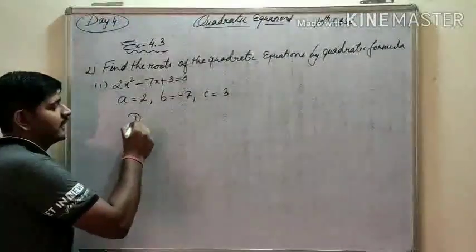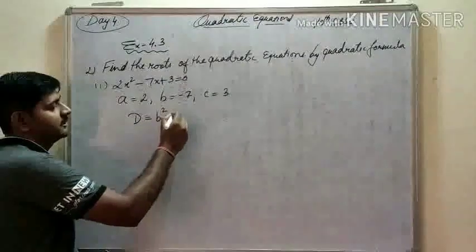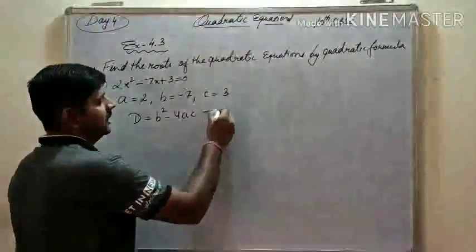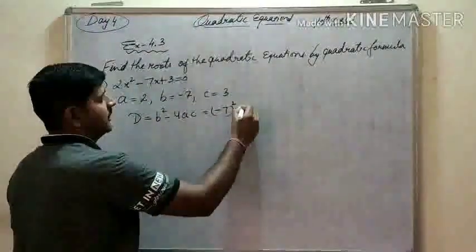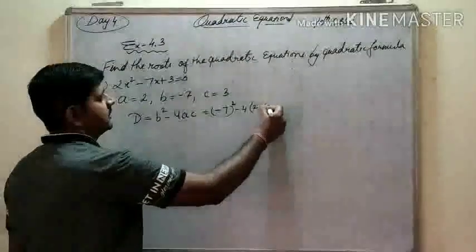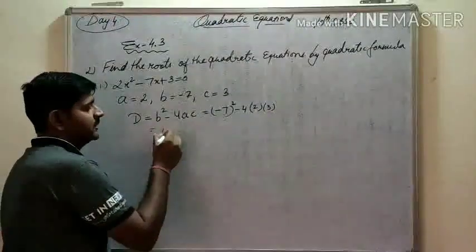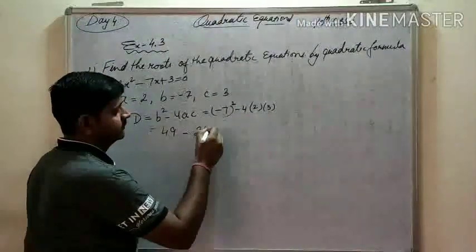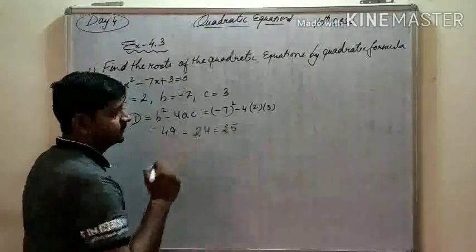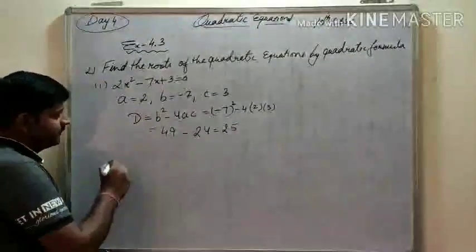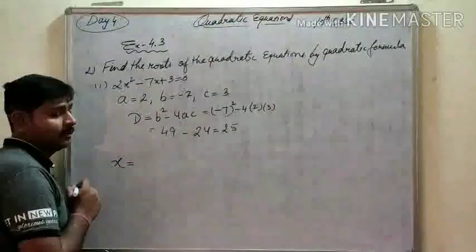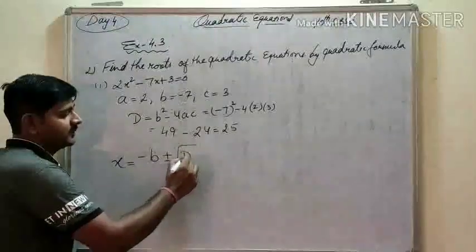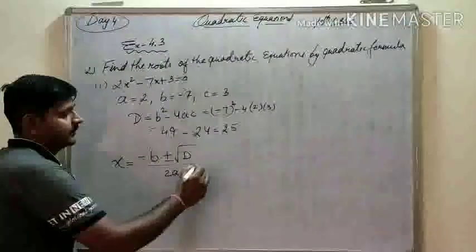First of all we should find the discriminant. The discriminant is (-7) square minus 4ac. 7 square is 49, and 4 into 6 is 24, so we get 25. And we have the quadratic formula: minus b plus minus the square root of the discriminant, divided by 2a.